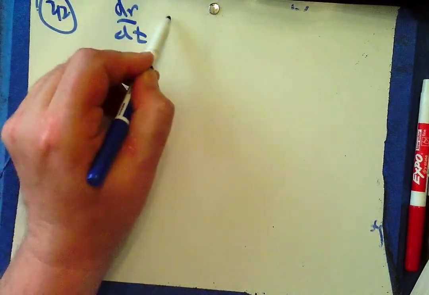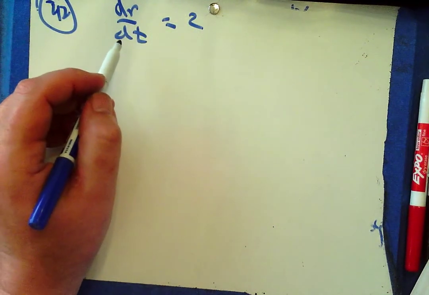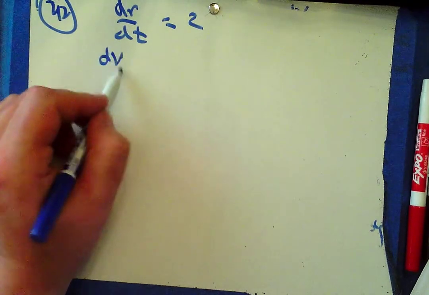Okay, last page, number 42. 42 says the radius of a sphere increases, so I know that dr dt equals 2. And here they're saying, what is the rate of increase in volume? They want dv dt.